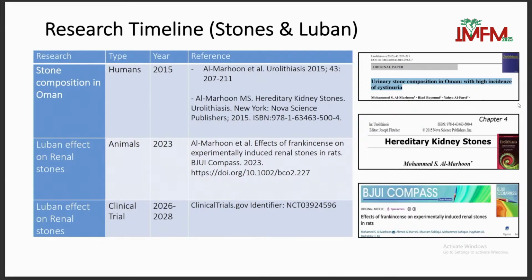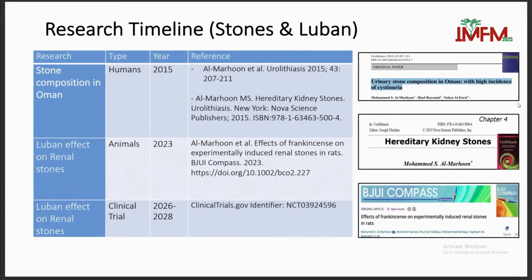And in 2023, we did the animal study, where we looked at the effect of Luban water extract on the treatment of renal stones in rats, which I'm going to touch on. Our next step, which we have not started but for which we are fully prepared, is to go for the clinical trial and look at the effect of Luban in renal stones.